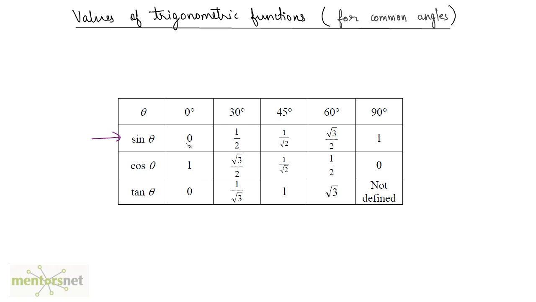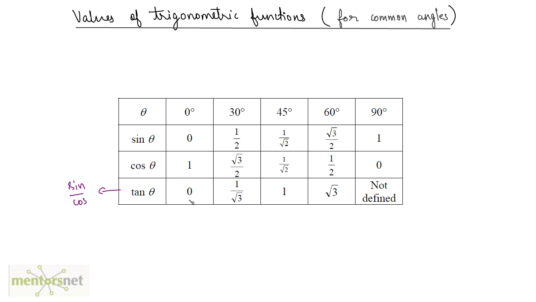So you started from 0, then went to 1 by 2, then 1 by root 2, root 3 by 2 and 1. Start from here. So 0, 1 by 2, 1 by root 2, root 3 by 2 and 1. Right? Now to calculate the value of tan theta, you just need to put it as sine theta by cos theta.